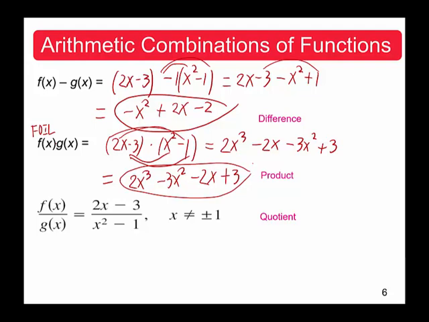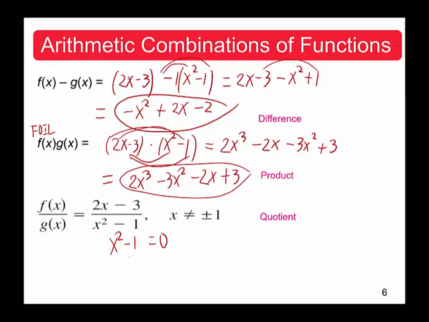And for the quotient, we basically put f of x on top and g of x on the bottom, and you get the quotient of those. We cannot simplify this quotient, but when you create a new function, you want to make sure it's defined. So here, when x squared minus 1 equals 0, the function is undefined, so we need to eliminate those undefined numbers from the domain.